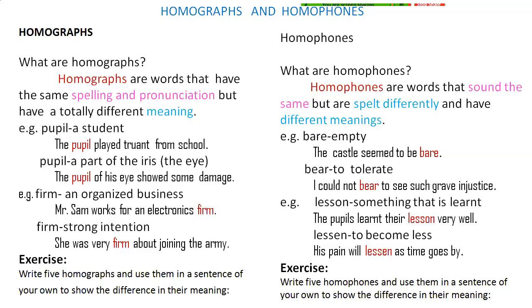While in the second case, the word firm would mean strong intention or a strong will or strong determination. Like in this sentence, she was very firm about joining the army. So you see in these examples, the word firm has two different meanings, but it is spelled and pronounced in a similar manner. These are examples of homographs.